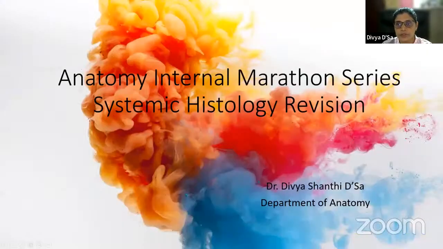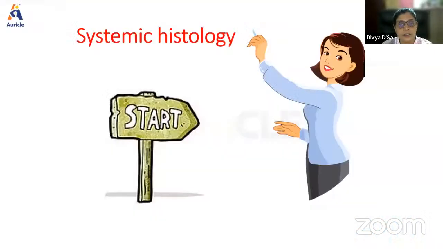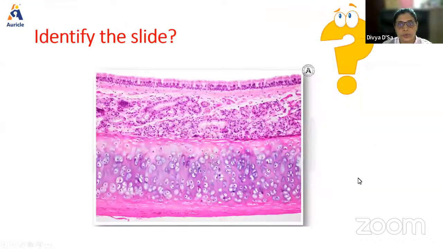So we shall begin with today's class, that is systemic histology revision. So this slide. When this slide is focused, what are we going to see? As soon as we see this, we can identify hyaline cartilage.